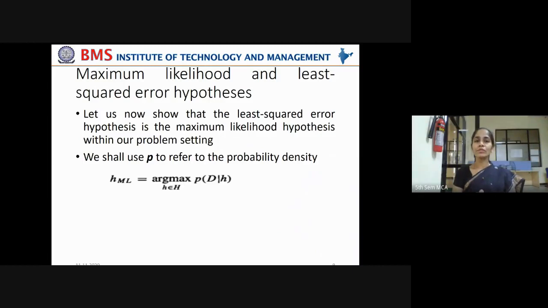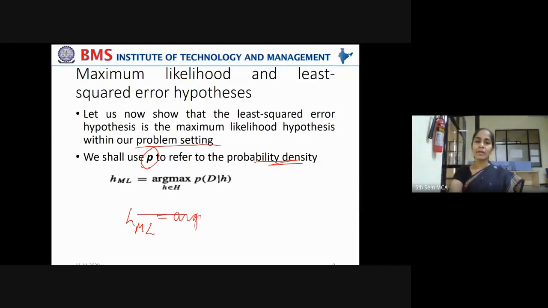Now let us show that the least squared error hypothesis is the maximum likelihood hypothesis within our problem setting. We shall use small p, the probability density function, to refer to the probability density. Now instead of capital P, what is our h ML?